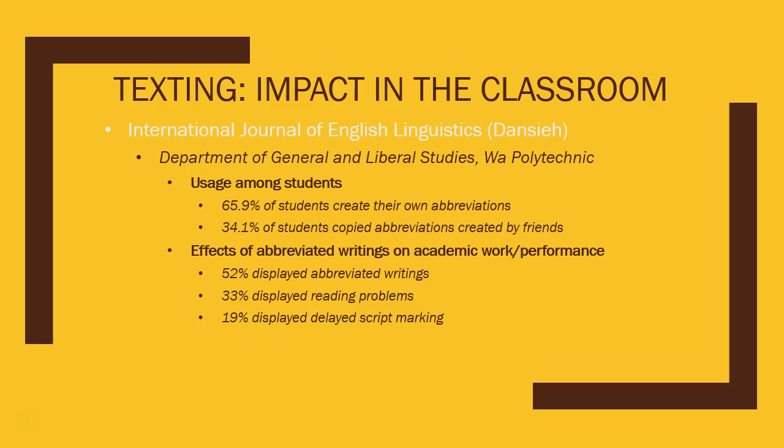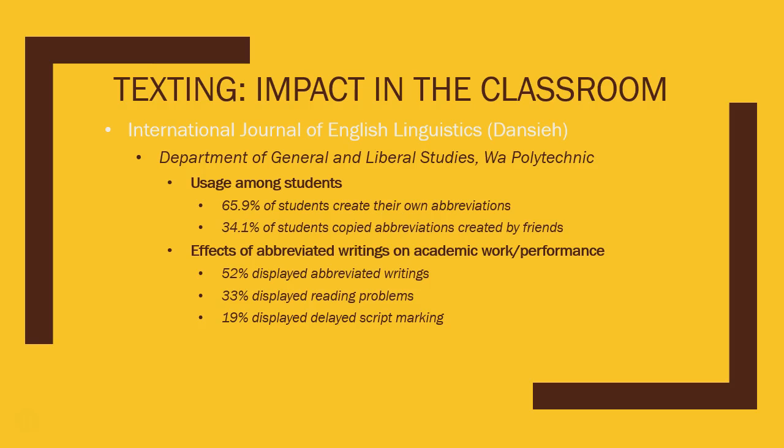While reading the International Journal of English Linguistics, I found that a Polytechnic University did a study on the use of texting and how it influences students. Usage among students of their cell phones shows that 65.9% of students create their own abbreviations, and 34.1% of students copied abbreviations created by friends in schoolwork. These abbreviations include emoticons, initialisms, and letter number homophones, as previously discussed.